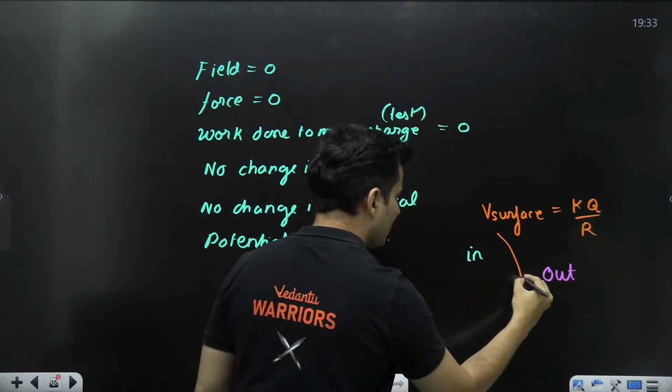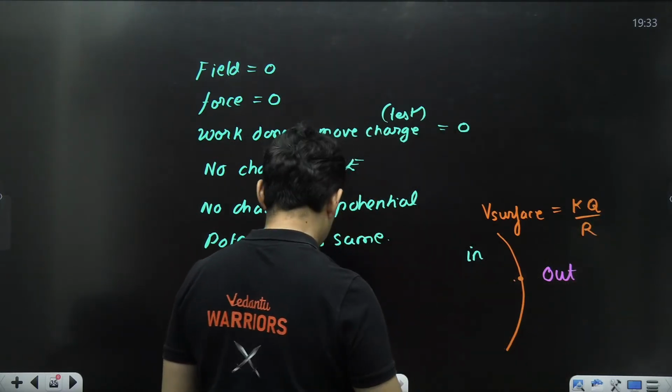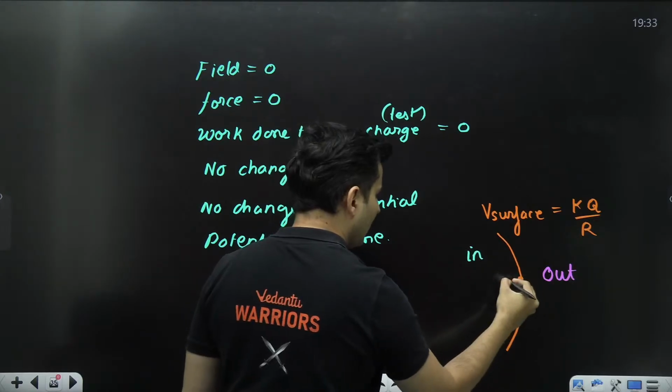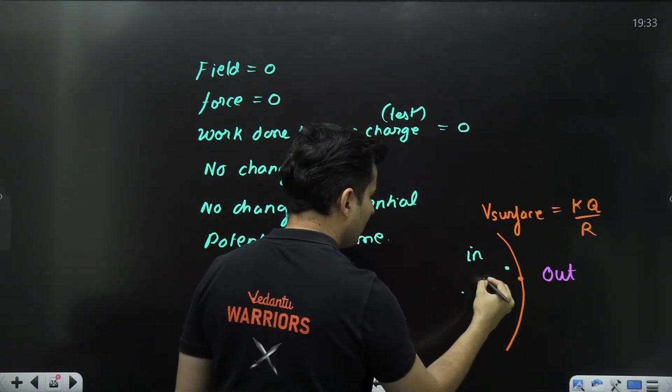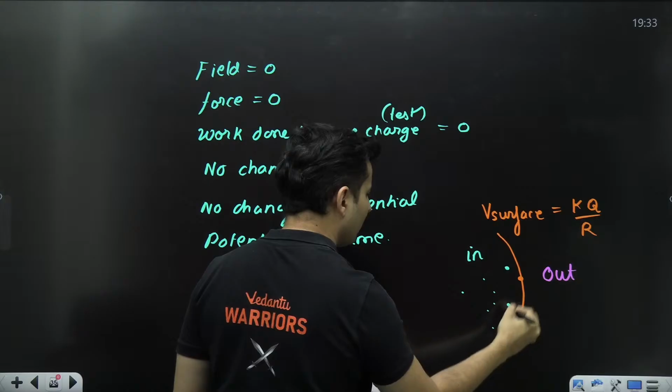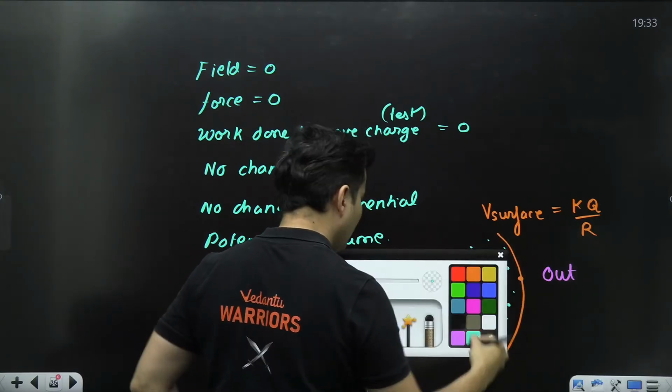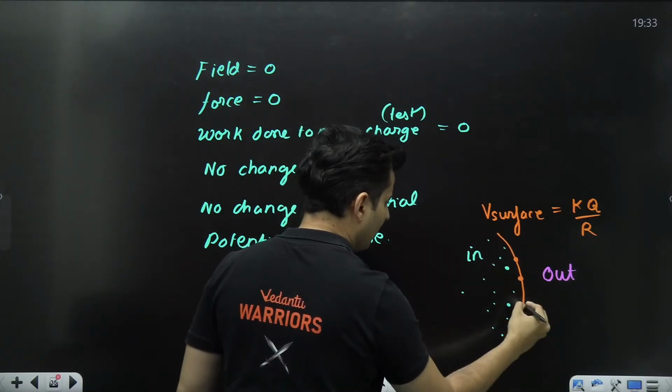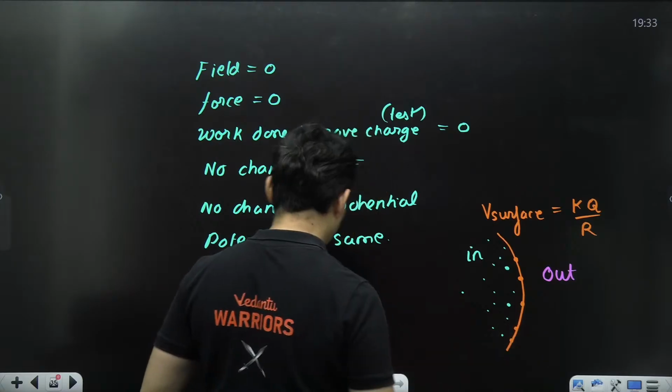So whatever potential is here, it just continues. It will be the same everywhere. In fact, everywhere on the surface also, the potential will be the same.